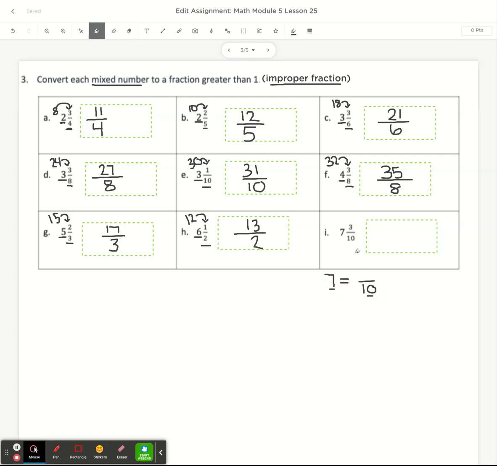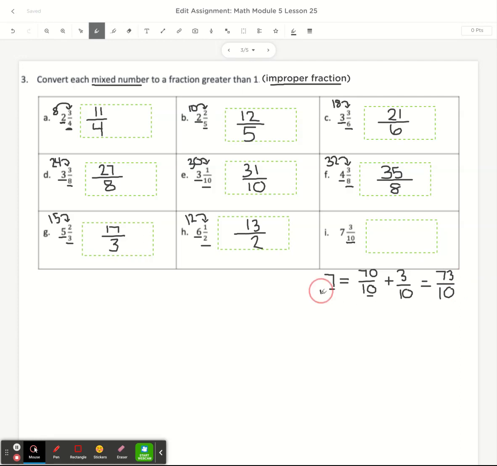So 7 times 10 is equal to 70. That gives us 70 tenths. And just like on slide 2, I'm going to add in the fraction part of our mixed number, so 3 tenths. Our denominators are exactly the same, so I can just add my numerators straight across and do 70 plus 3, which is equal to 73 tenths.